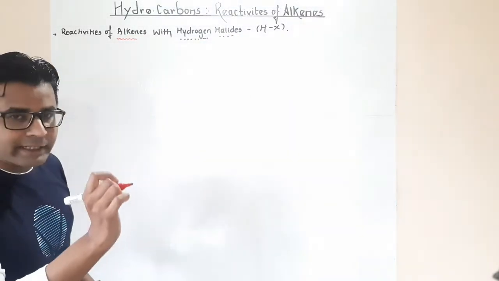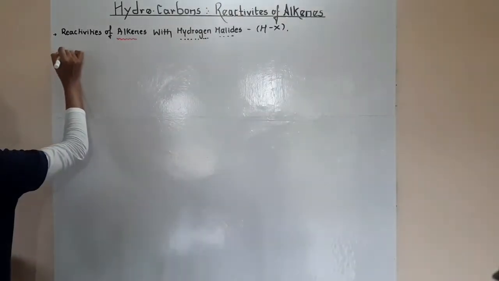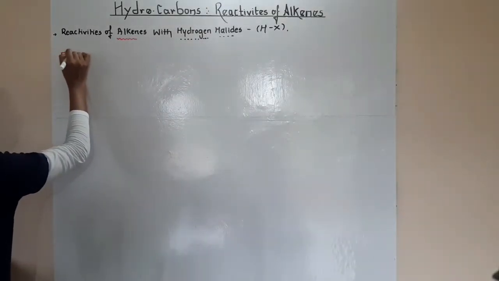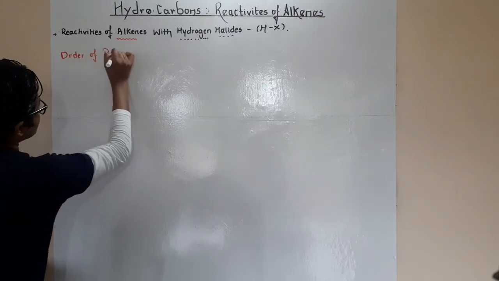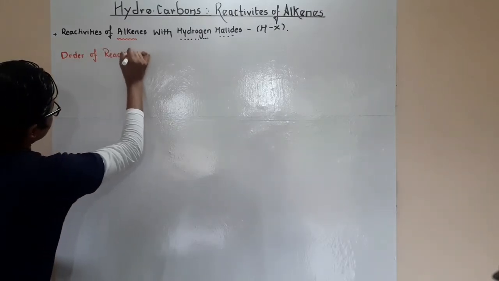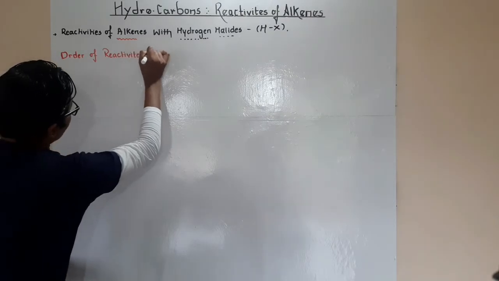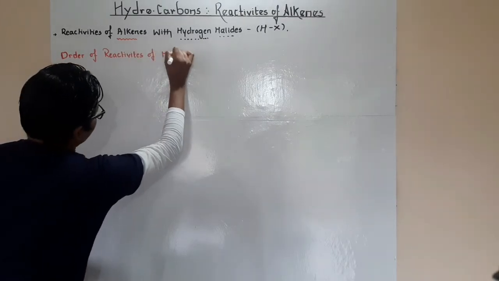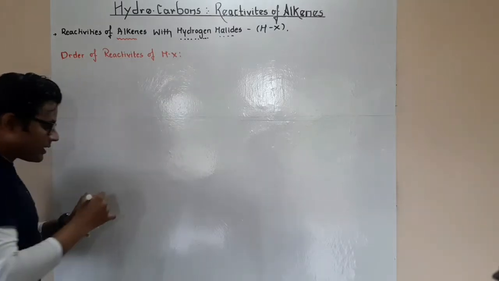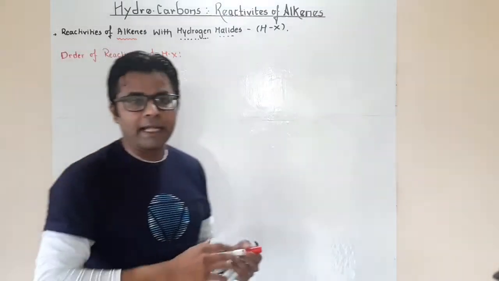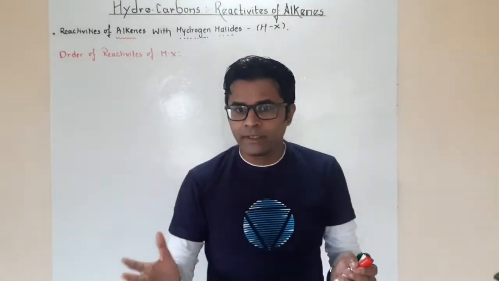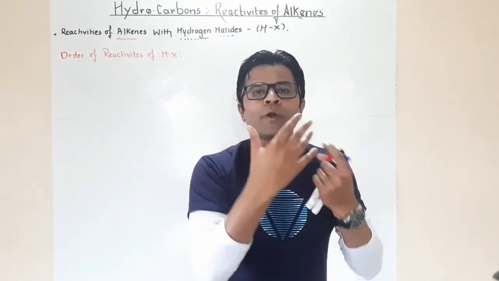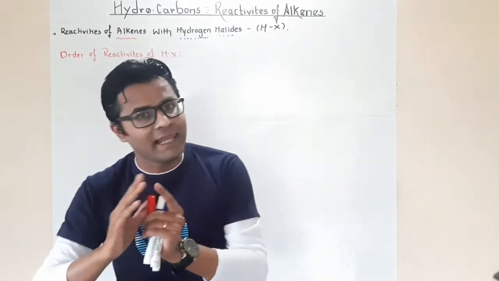But before that we need to know the order of reactivity of hydrogen halides. If we have different types of hydrogen halide, that is hydrogen chloride, hydrogen bromide, hydrogen iodide, which is going to be more reactive and which less reactive?